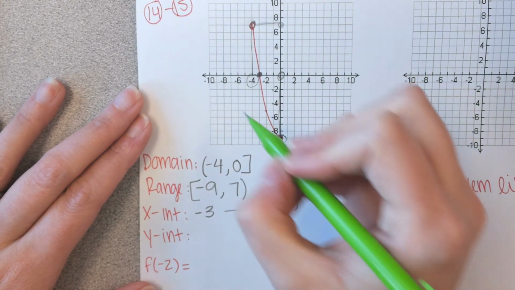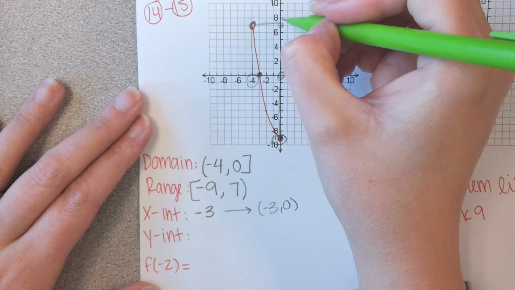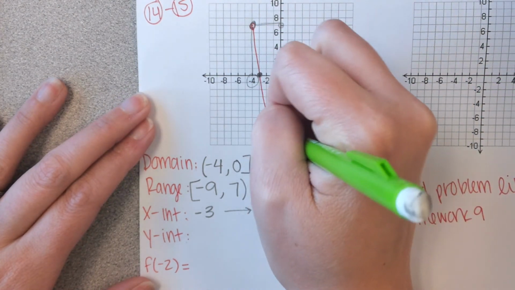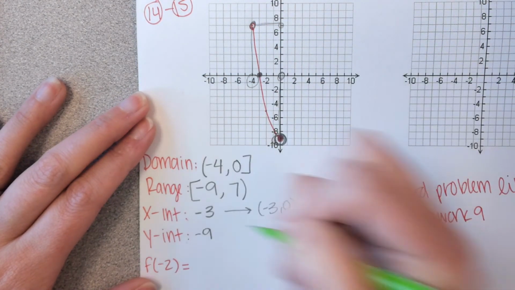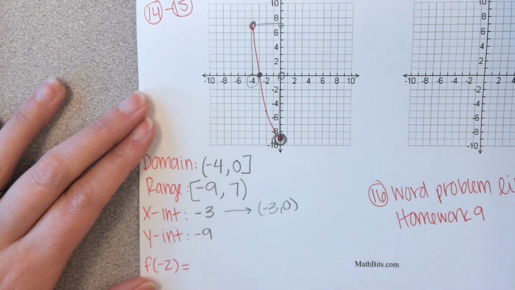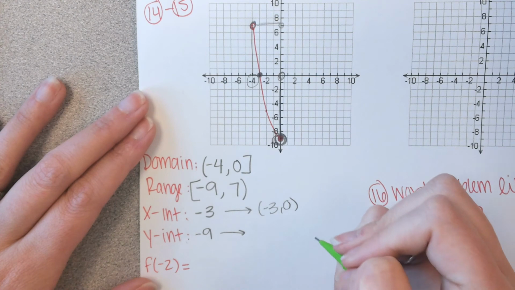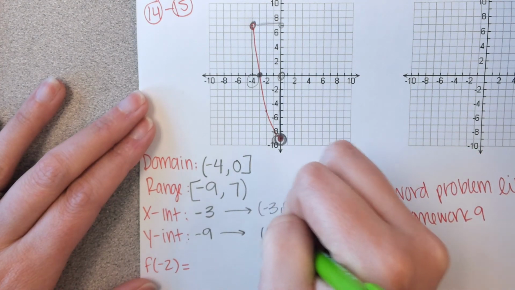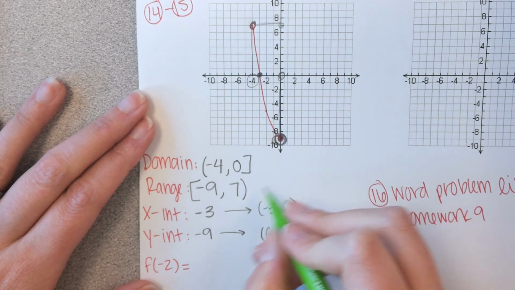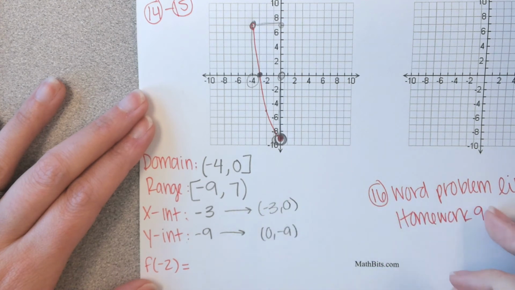Your y-intercept is where this graph hits the y-axis, so we go along the y-axis, we find that point. It's down here at negative 9. We've used that in the range, okay? And again, if it asked you to do this one in an ordered pair, it would be 0, negative 9. So those are just helpful because you may need them later.